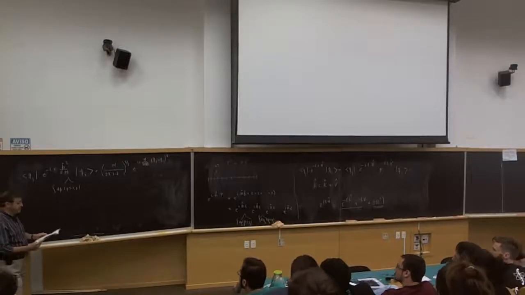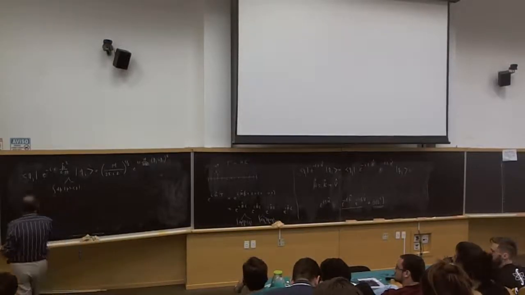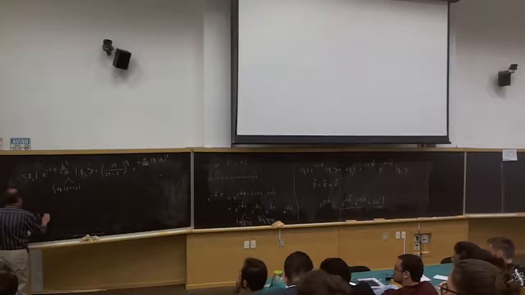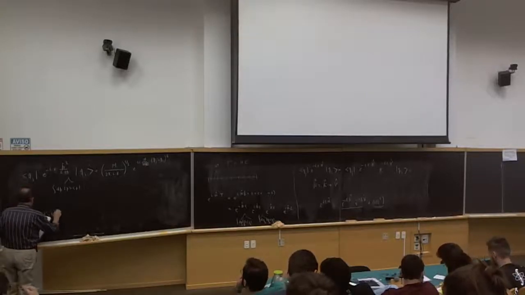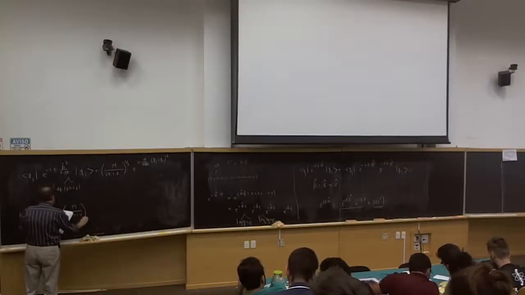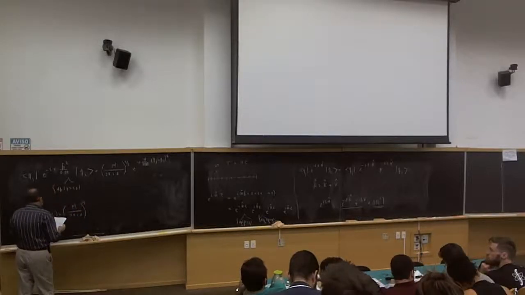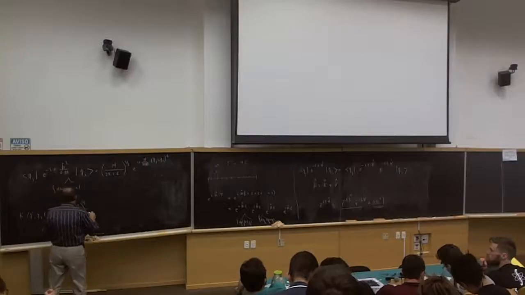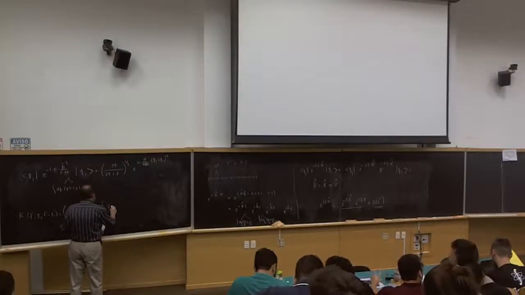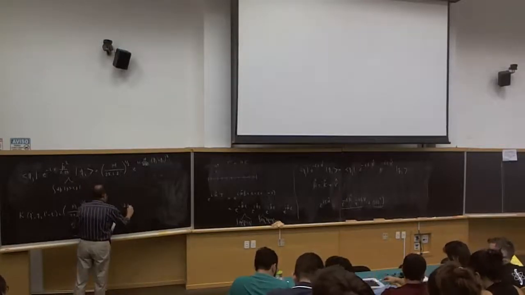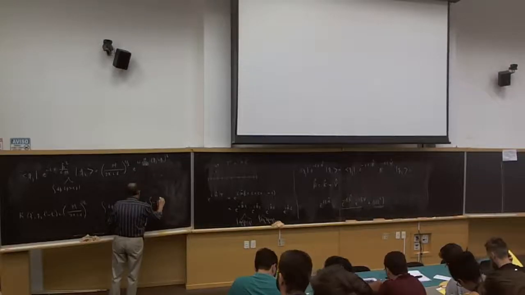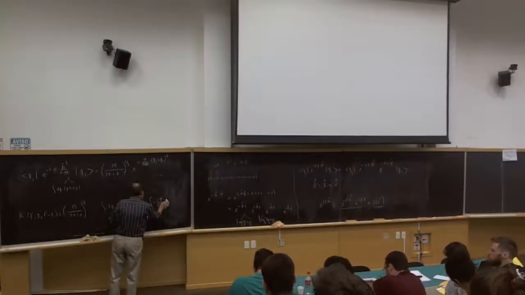Anyway, at the end of the day, you get the following. This K(q', q, t' minus t) is equal to m over 2 pi i epsilon to the 1/2, many times, integral dq1 to dq n minus 1, exponential i m over 2 epsilon.